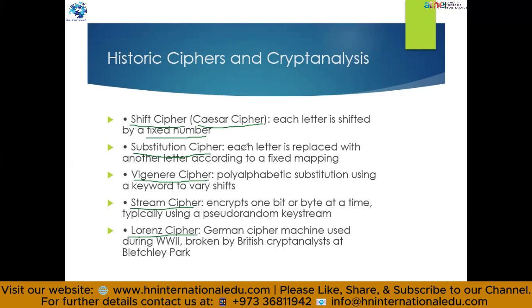Substitution cipher means that each letter is replaced with another letter according to a fixed mapping. Fixed mapping means that we convert A with D, and the next alphabet like B will be replaced with the next alphabet, E. We can't use another alphabet here.